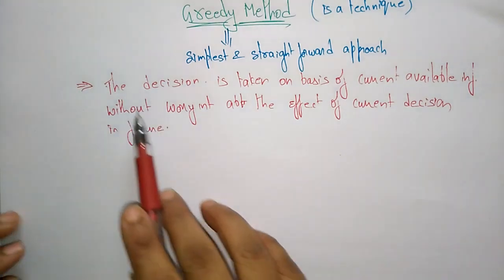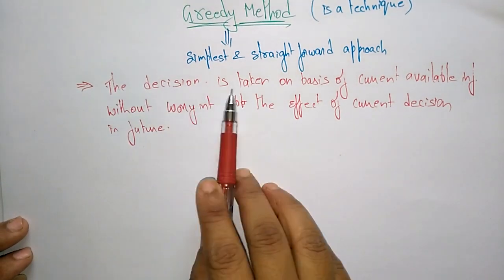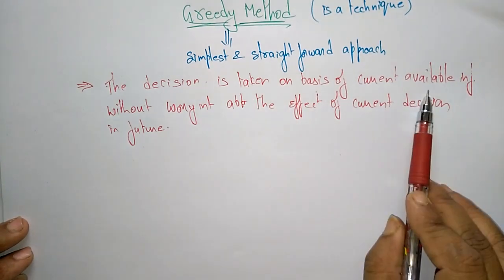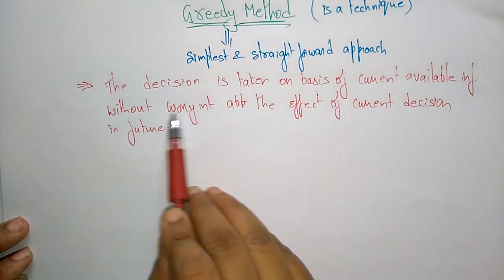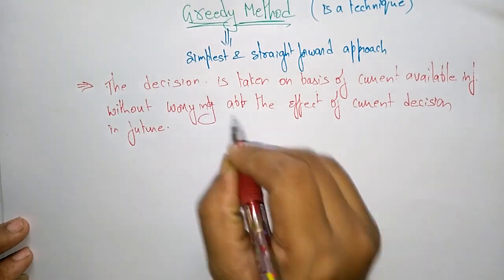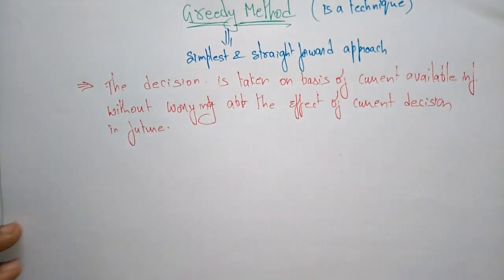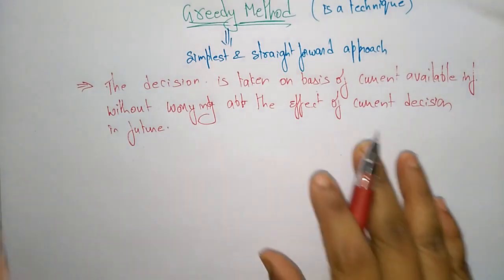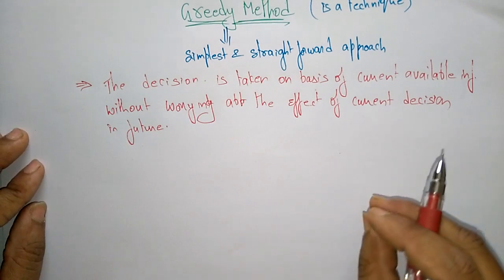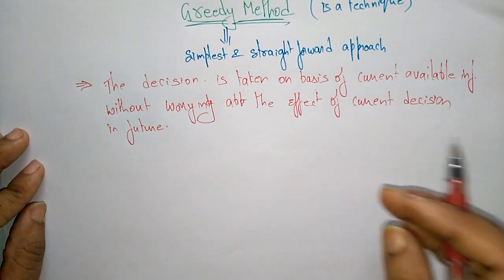So the decision is taken on the basis of current available information without worrying about the effect of the current decision in future. It doesn't think about whether, suppose if I insert these values, at present it is working, but in future it may or may not work. It doesn't bother about that. It thinks about the present decision.